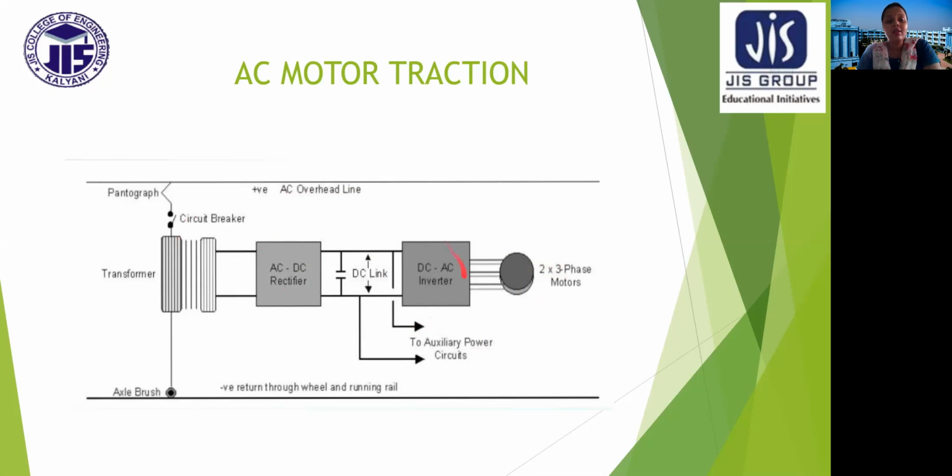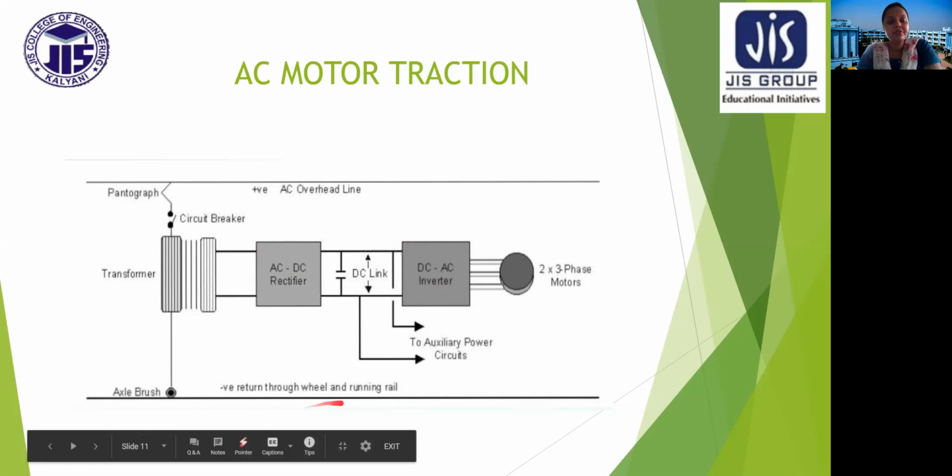So these are all the requirements of this part. So here AC is converted into DC, and the negative return is through the wheel and running rail. This is AC motor traction.